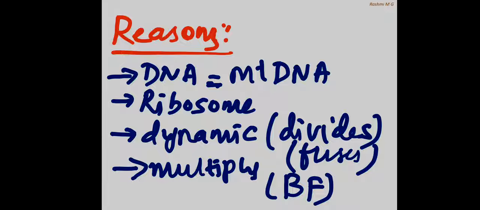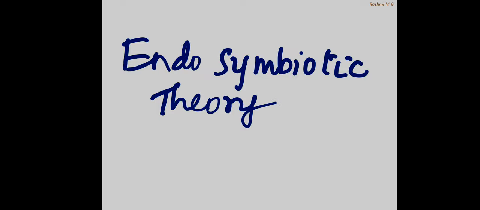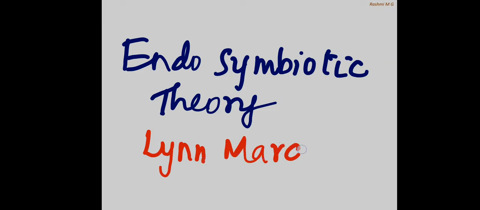The theory which suggests that mitochondria have evolved from bacteria is known as the endosymbiotic theory, which suggests that mitochondria have evolved from prokaryotes, especially from bacteria. The person who proposed this theory is Lynn Margulis.